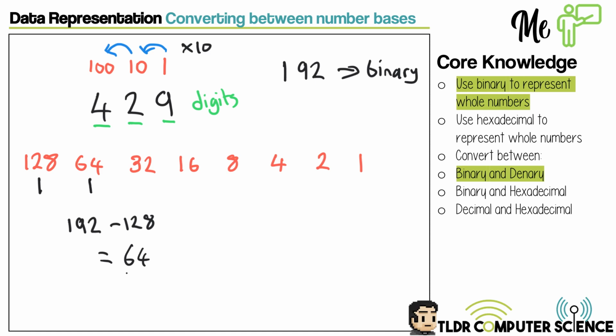And now, because we've accounted for that 64, we take 64 off this, leaving us with 0. And now, as you can see, for the rest of all of these, the results will be 0, because 32 goes into 0 times, 16 does 0, and 0, and 0, and 0, because 192 was accommodated with 128 and 64.